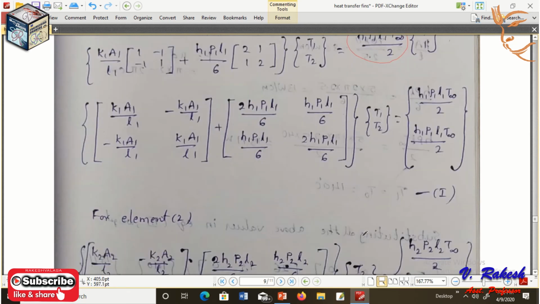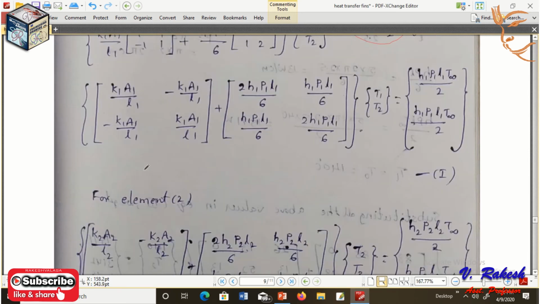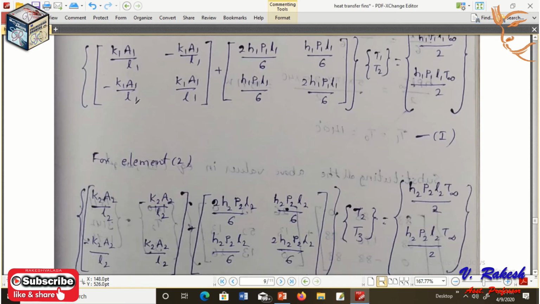Similarly for element 2, now replace the terms 1 with 2, that is K2 A2 by L2, minus K2 A2 by L2, minus K2 A2 by L2, K2 A2 by L2, plus 2 H2 P2 L2 by 6, H2 P2 L2 by 6, H2 P2 L2 by 6, 2 H2 P2 L2 by 6.